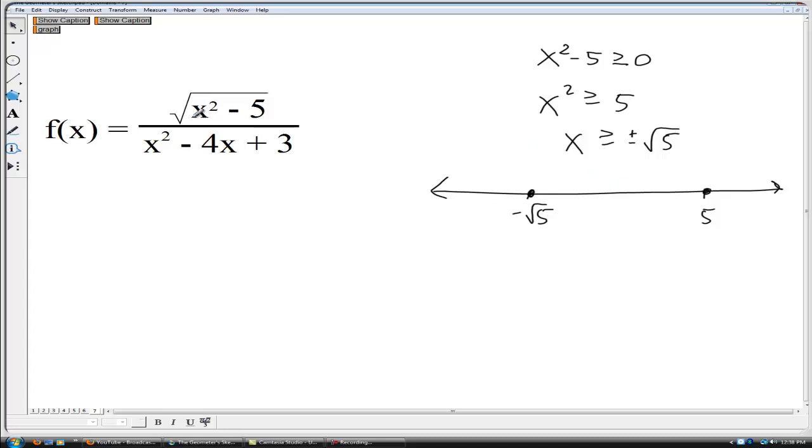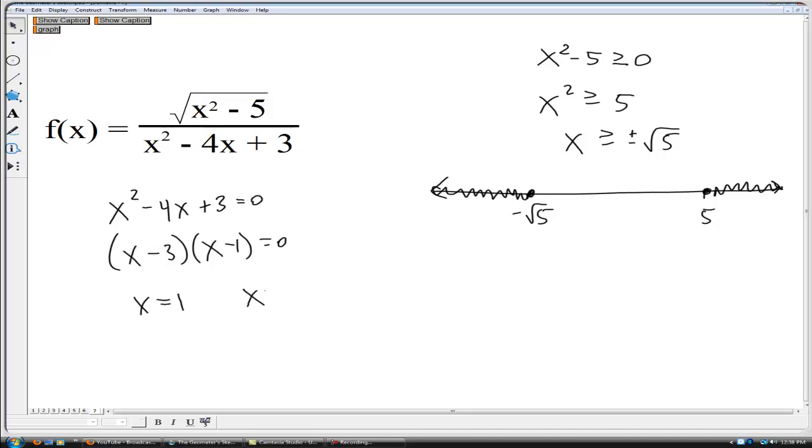Well, let's test 0 in the numerator. 0 produces square root of a negative. Now let's find restrictions. Let's set our denominator equal to 0. This factors to x. And here's where some students get confused when they see x equals 1.